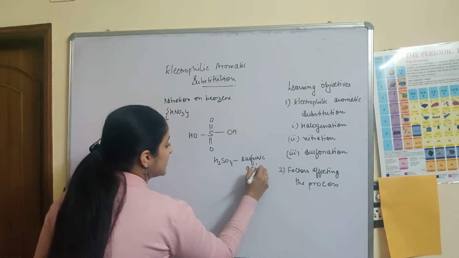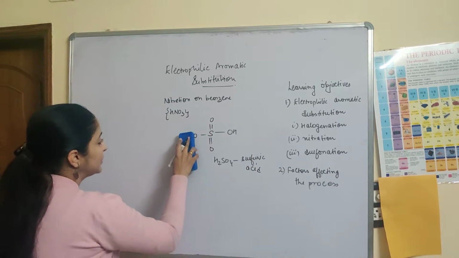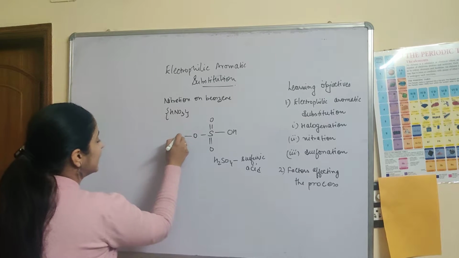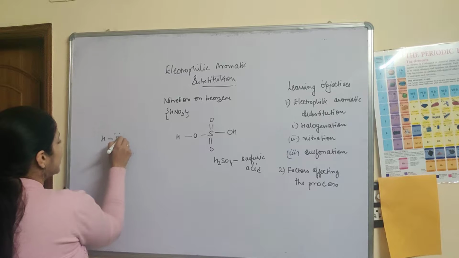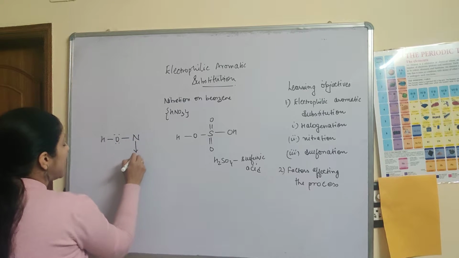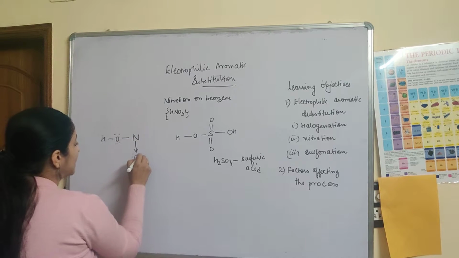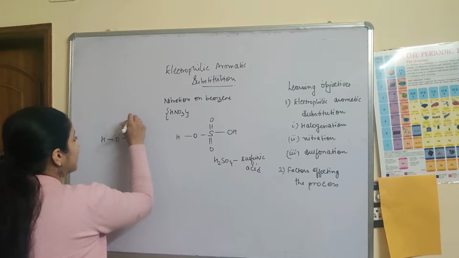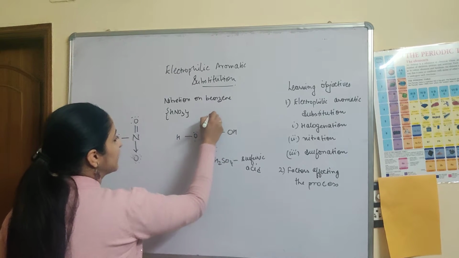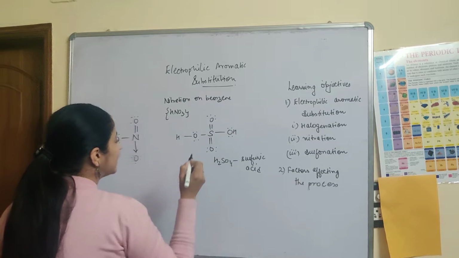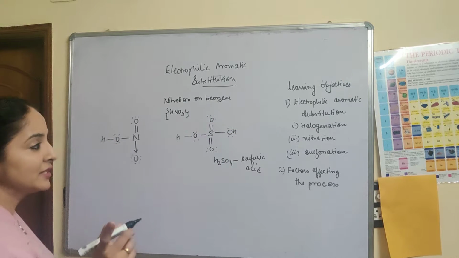Now sulfuric acid, as you know, you can just represent it like this. Let us now write the structure of nitric acid. Now I generally have the habit of putting in all the lone pairs when I am drawing the structure of a particular acid or any particular compound. So you can also do it, and it makes life much easier.